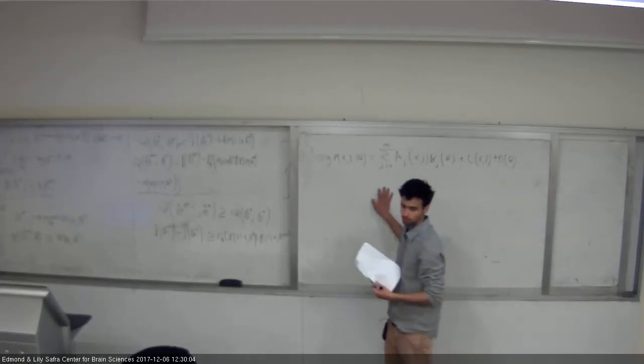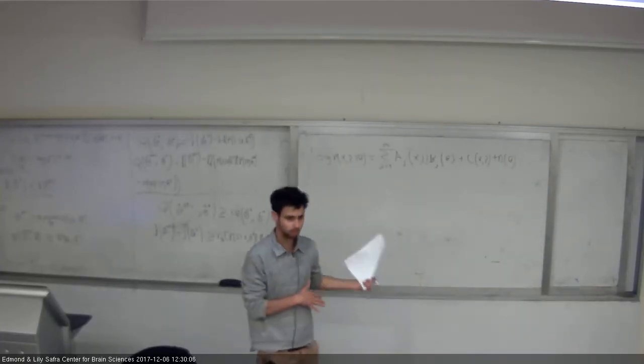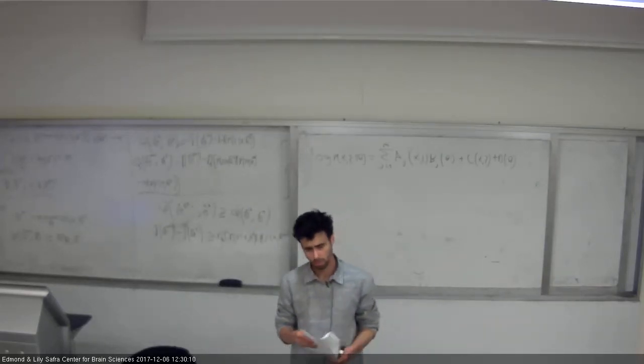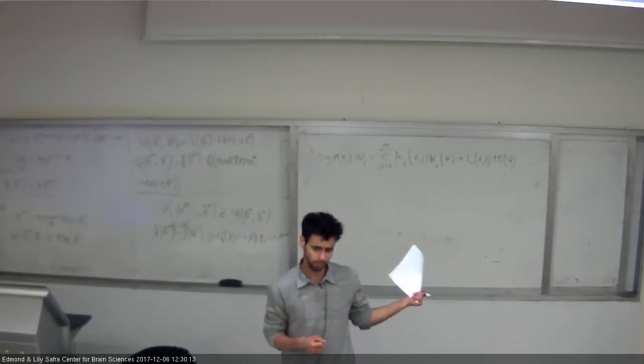This is the general form of exponential families. Most of the distributions that we saw till now are from the exponential family.